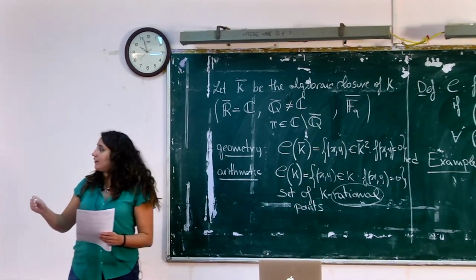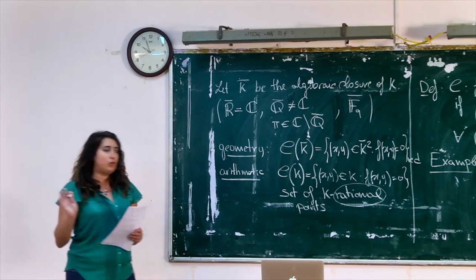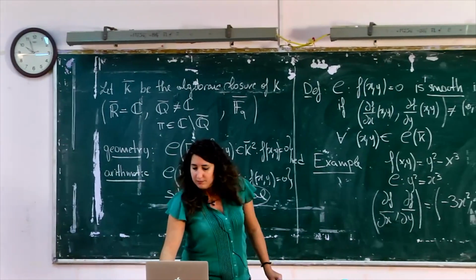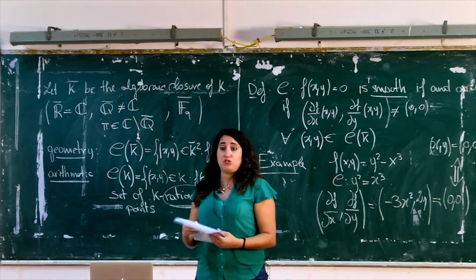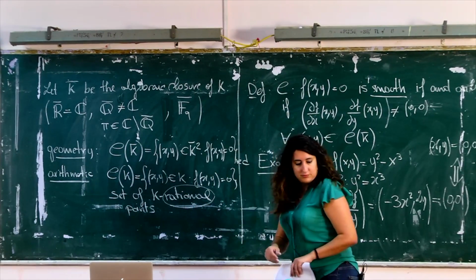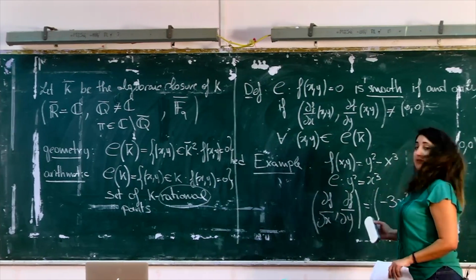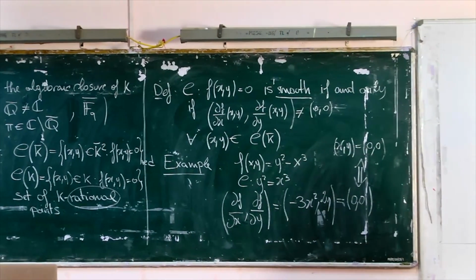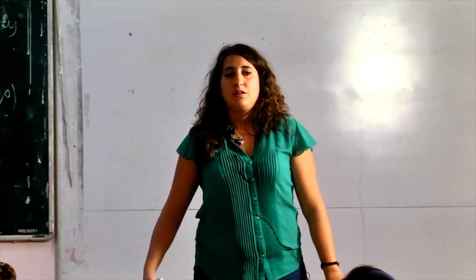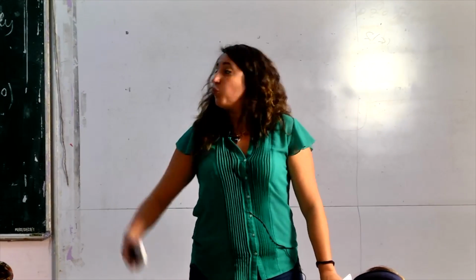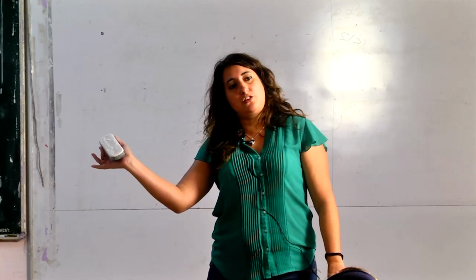Okay, well, we have understood a little bit better what it means to be smooth. Let us now try to understand what it means to have genus 1. Any question? Yeah. In which sense? With the tangent line. The tangent line.